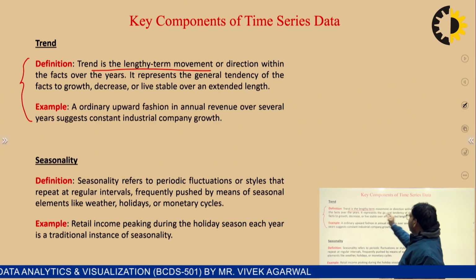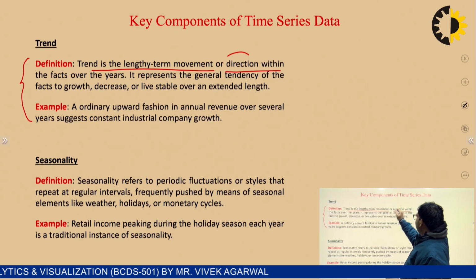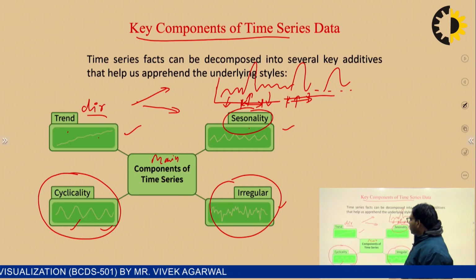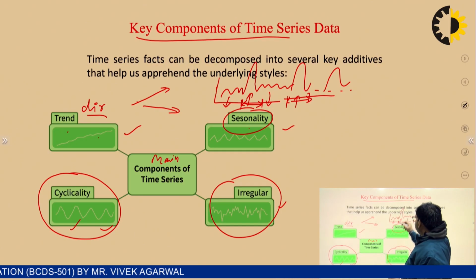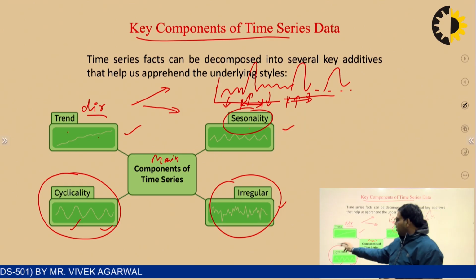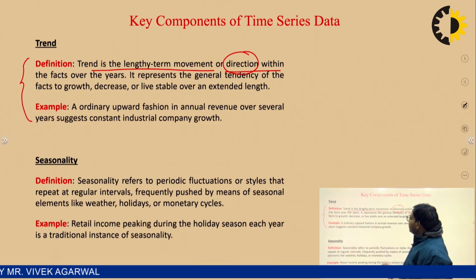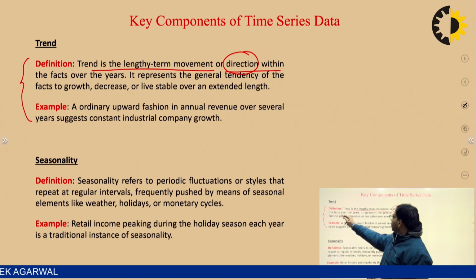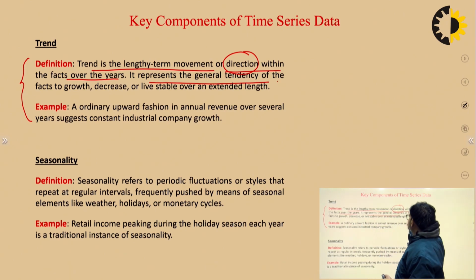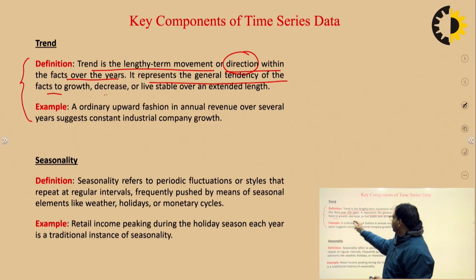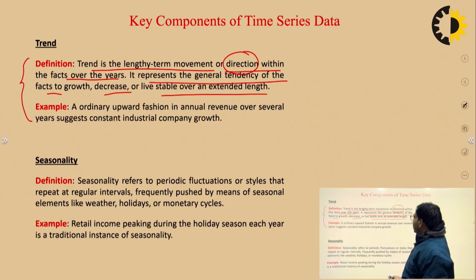Trend is a long-term movement of the direction. As I told you, it is based on the direction over the years. It represents the general tendency of the data: growth, decrease, or staying stable over an extended length.